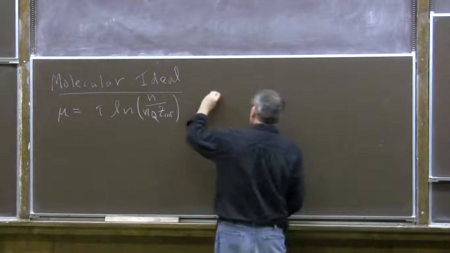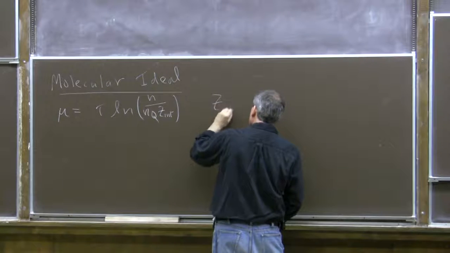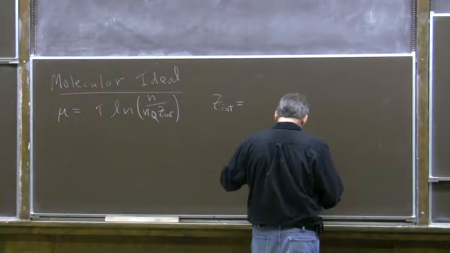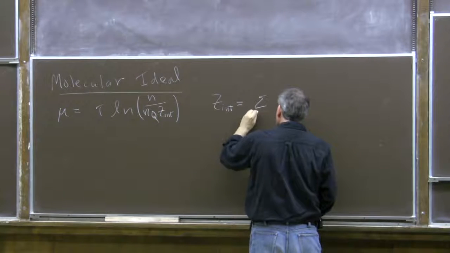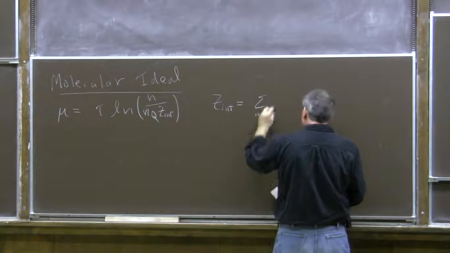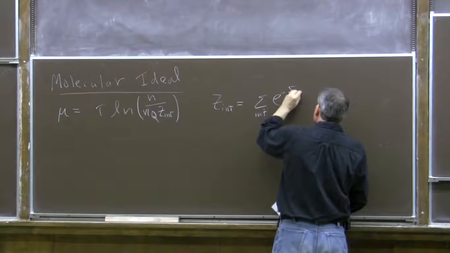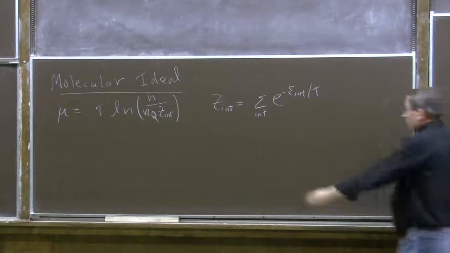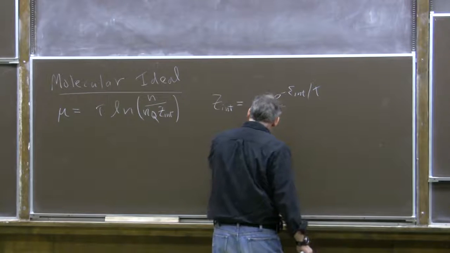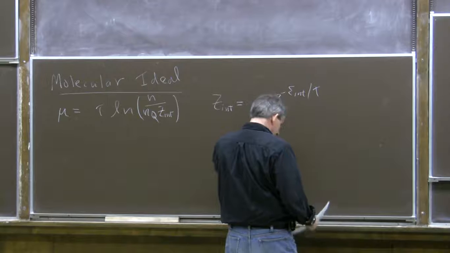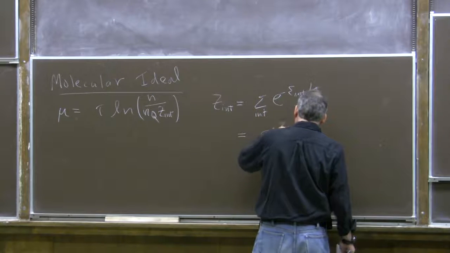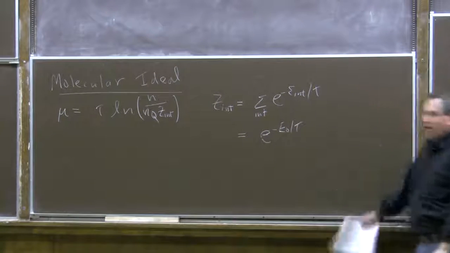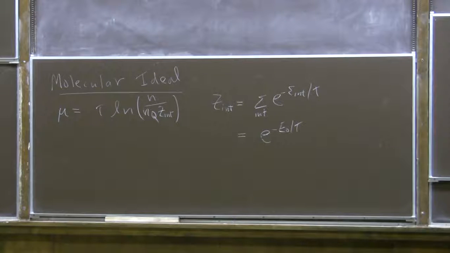The internal partition function is just a sum over all the states of the molecule of the Boltzmann factor, which includes a factor of e to the minus what we call the ground state energy of the molecule, the energy that it has when it's not vibrationally or rotationally excited.